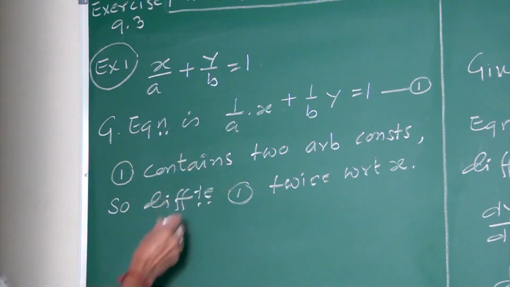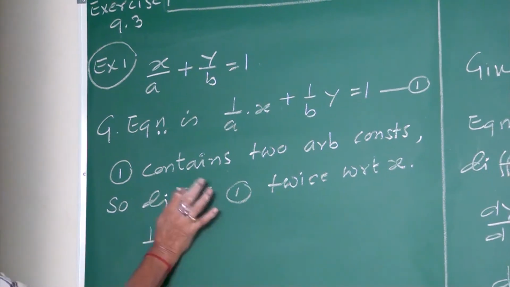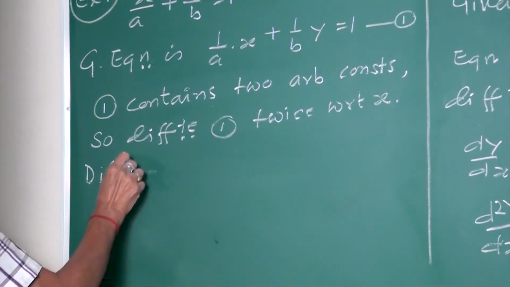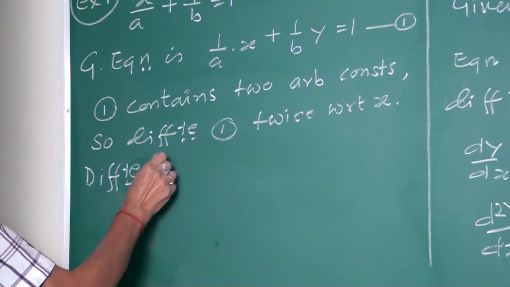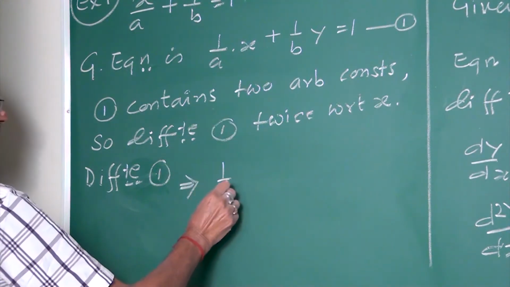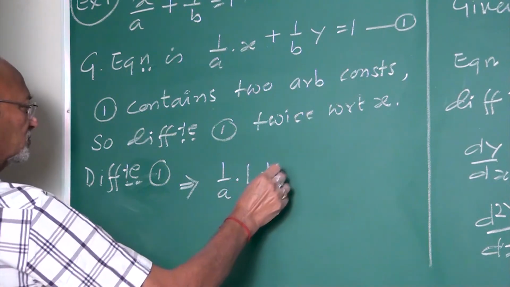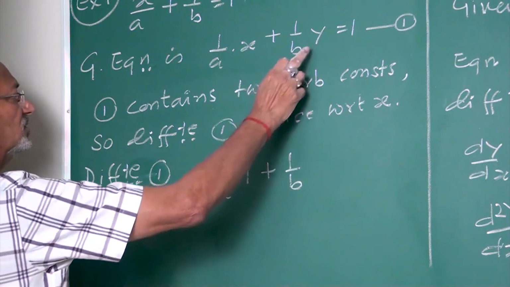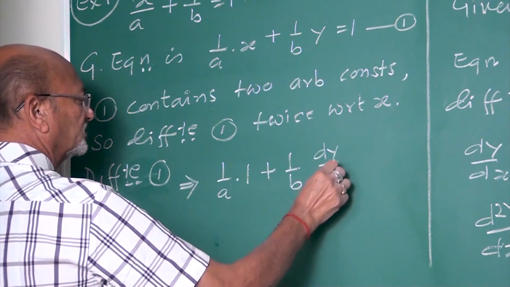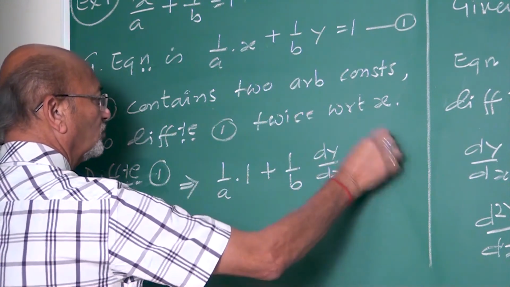First time differentiating 1. It gives, my friend, (1/a) into derivative of x is 1, plus (1/b) into derivative of y with respect to x is dy/dx, equal to 0.